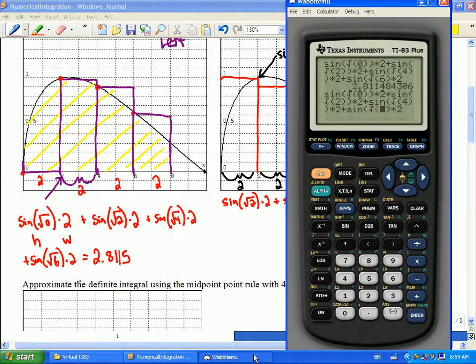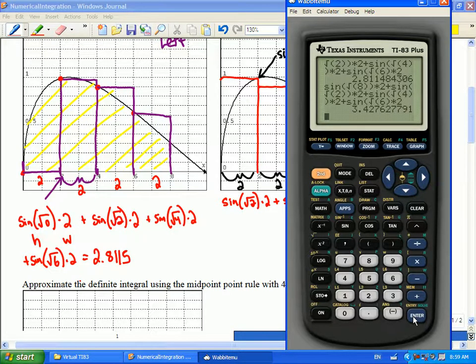So that's all I'm going to do, rather than retype the whole thing, I'll go over here and I'll call that an 8. So 3.42, I guess.